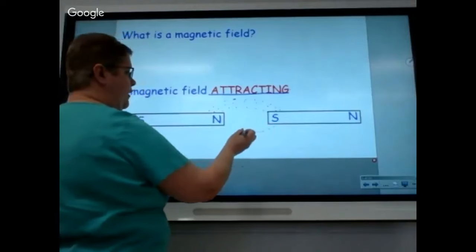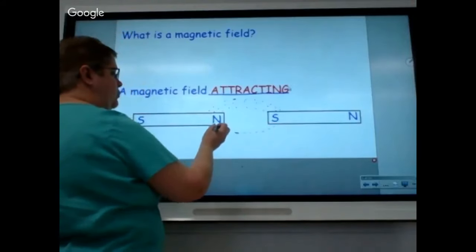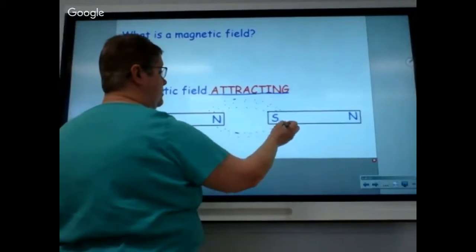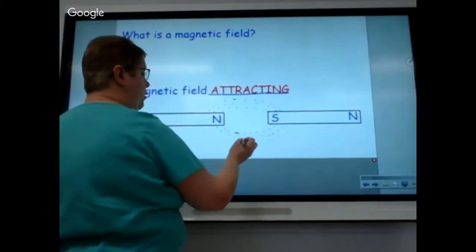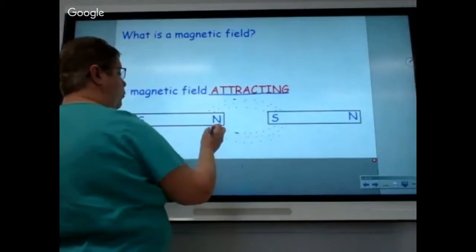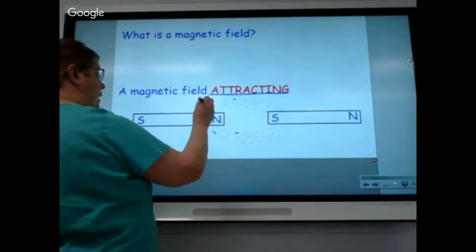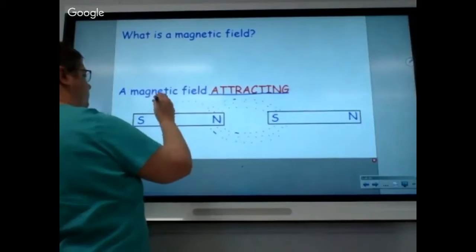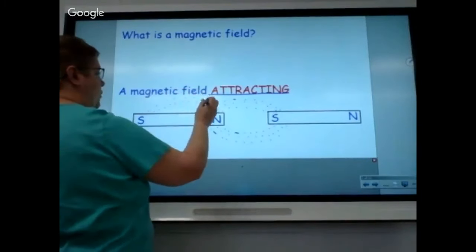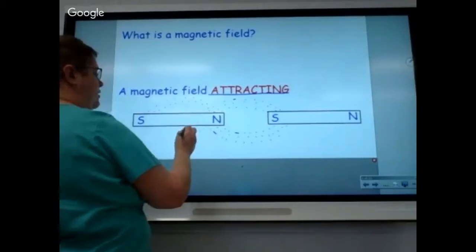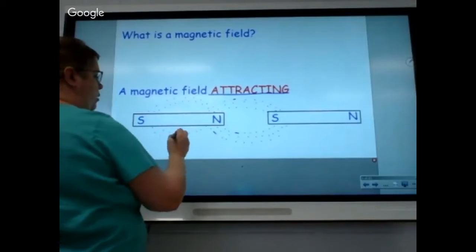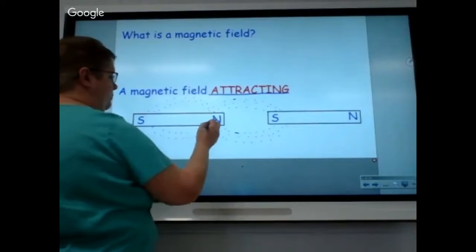They will do it on both the horseshoe magnet and the regular bar magnet. It will almost look like a circle, and I will show you how to do this tomorrow on the lab sheet.